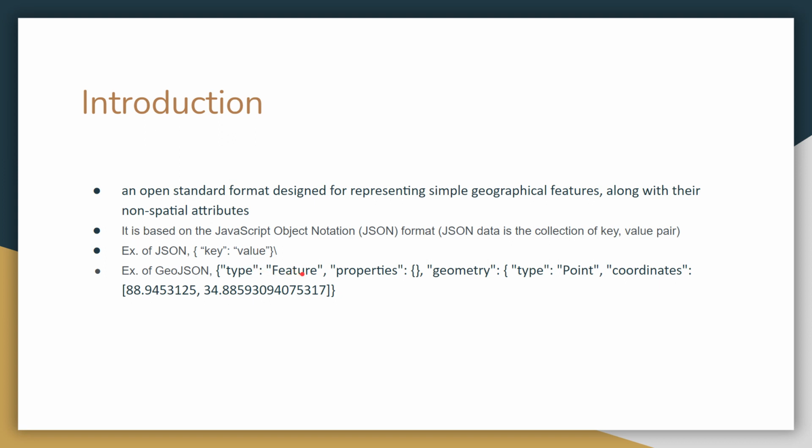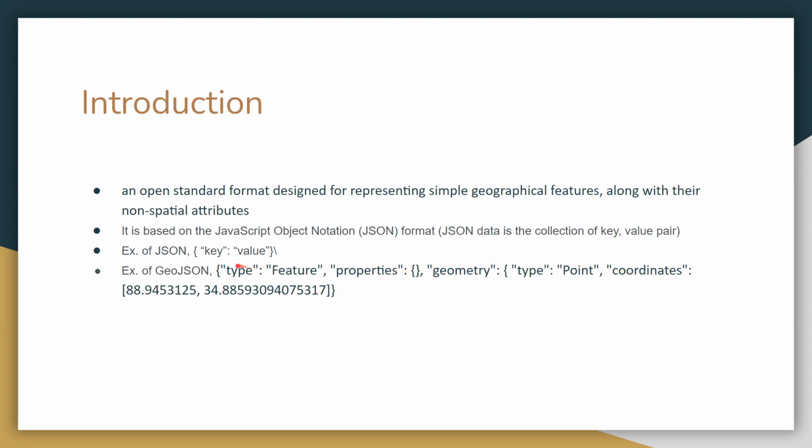So type can be Feature and FeatureCollection, or inside geometry there is also the type property. So the type can be point, line, polygon, or multi-point, multi-line, line string, and multi-polygon. We will describe this in a later slide. And then the coordinates of this geometry.